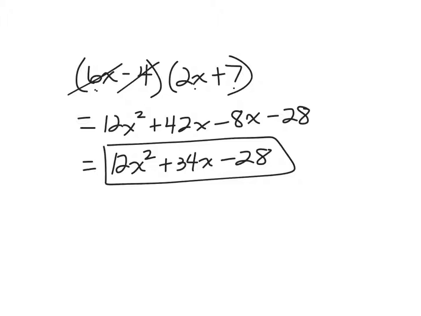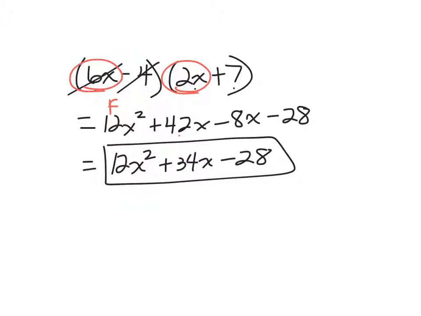Now, perhaps you're already ahead of me on this, but when you multiply two binomials, that's when that acronym that you've learned in the past can come into play, the FOIL method. So you remember what FOIL stands for? First, outer, inner, last. This 12x squared came from multiplying 6x times 2x, which are the two first terms.